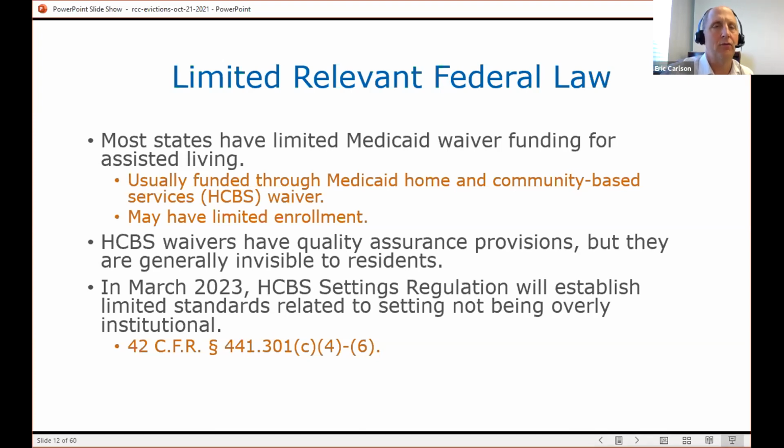And that's the one exception really here from the CMS side, where the federal government has something to say about the quality of care provided in assisted living facilities. And I'll discuss that at the very tail end of this presentation. So next slide, please.